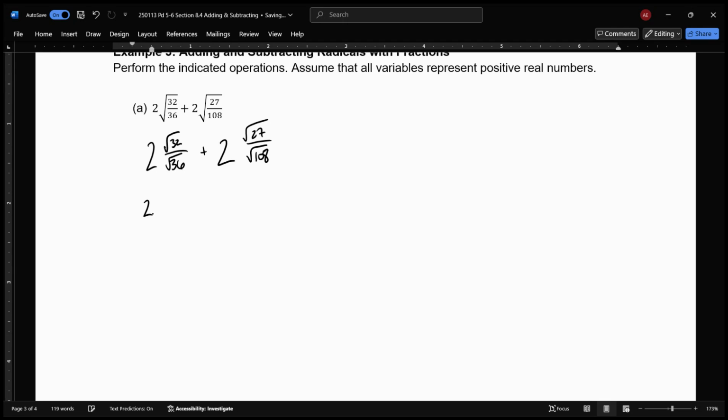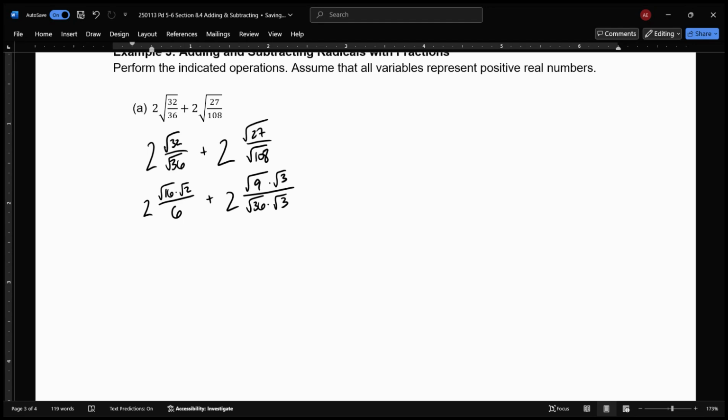Alright, so I got 2 times the square root of 32, which I hope is the square root of 16 times the square root of 2. Square root of 36 is 6. Square root of 27, hopefully the square root of 9 times the square root of 3. 108, what is that? Is that 36 times 3? Yeah, or I guess if I had divided by 3, you're going to get to the same spot.